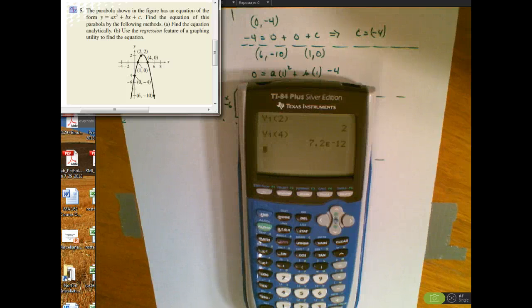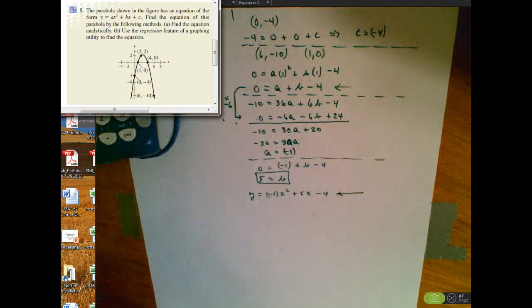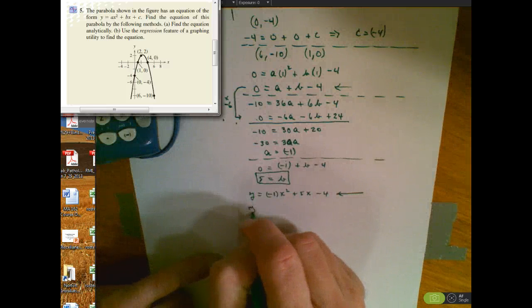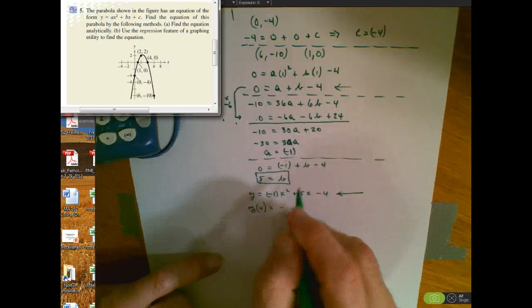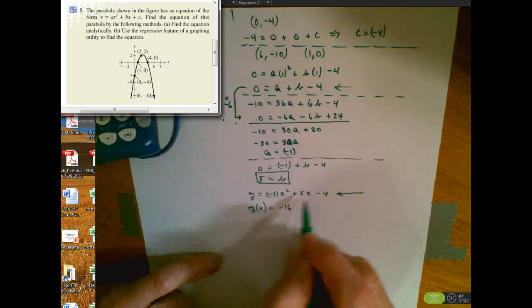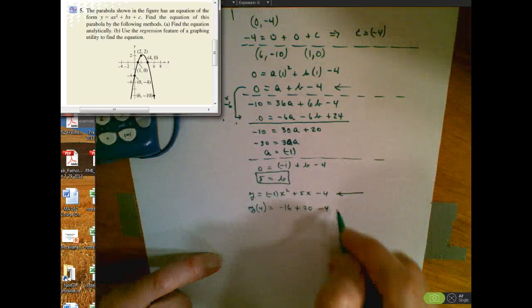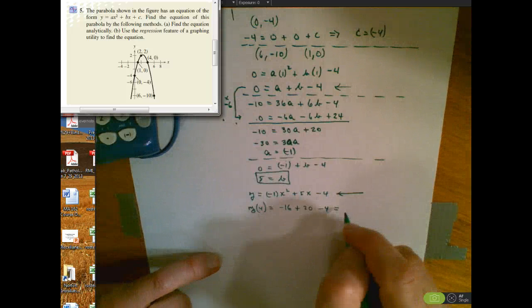Was the calculator going to lie? Maybe not, but let's do it manually. y when x is 4 is negative 1 times 16, so negative 16, plus 20, minus 4. And in fact, we get a value of 0 there.